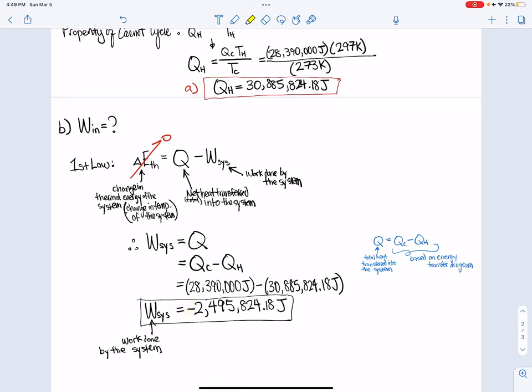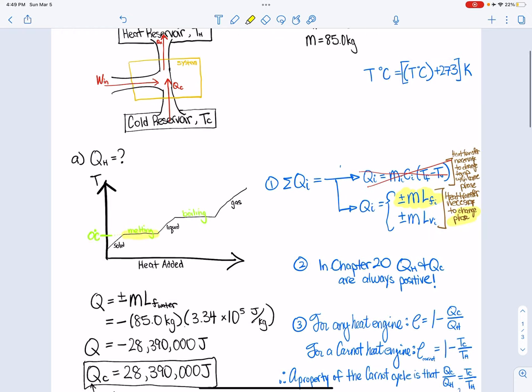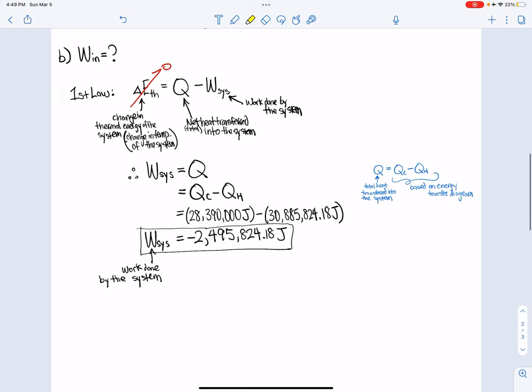So that means that work was not done by the system, rather work was done on the system, which makes sense. As we see here, work enters our system. Work doesn't leave our system. That's why it's negative. So we've got a negative value. Therefore, work is done on the system and not by the system.